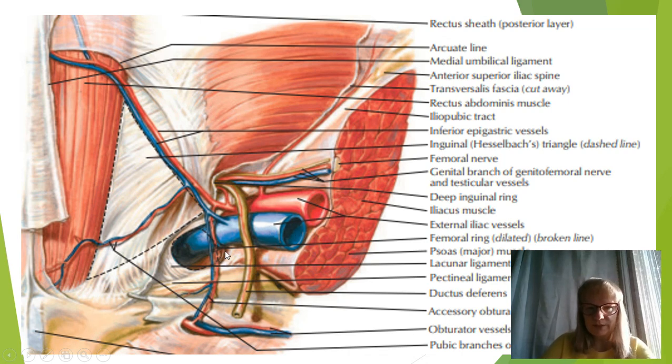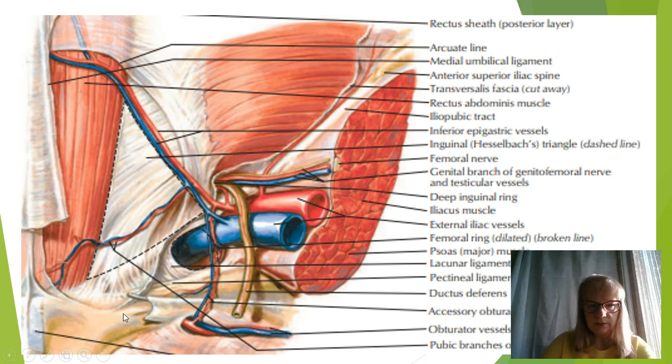So we said the lateral border is the femoral vein. The middle border will be the lacunar ligament here. Above we have the inguinal ligament, and below we have the pectinal ligament. Three ligaments and a vein surround the femoral ring.